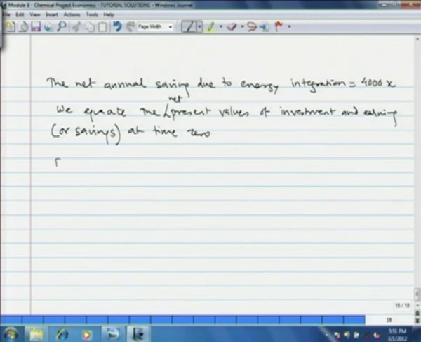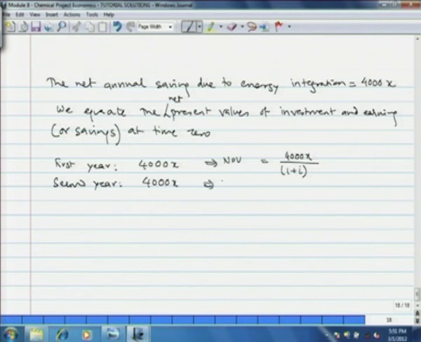Now, for the first year, the profit of 4000x we assume to occur at the end of the year, and then the net present value of this money is 4000x divided by 1 plus I. Then the second year, here again we assume 4000x, because x is assumed to remain constant, and then the net present value is 4000x divided by 1 plus I square. So, this is the net present value of the savings in the second year at time equal to 0.